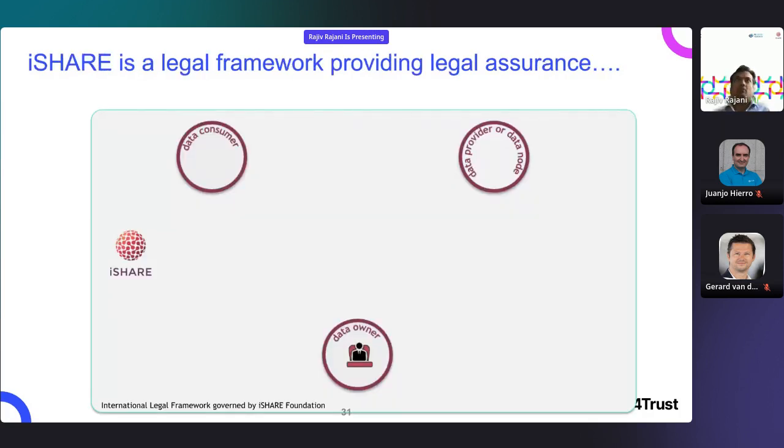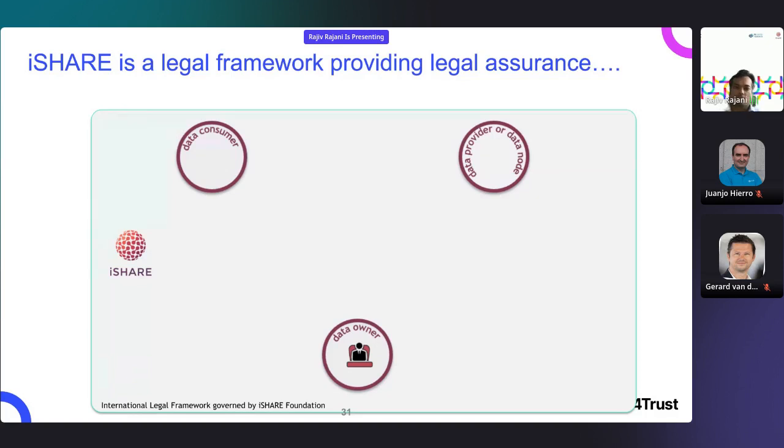So, presenting to you the iSHARE legal framework, which is the framework provided in i4Trust, and the building blocks that we are covering. iSHARE is a legal framework and trust framework essentially, and here you can see what roles we define in iSHARE. As you can see, data consumer and data provider are the two roles, which are parties interested in the exchange of data.